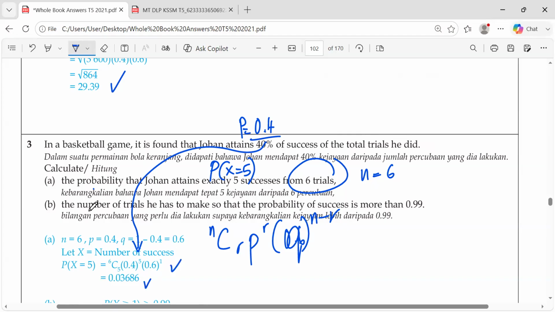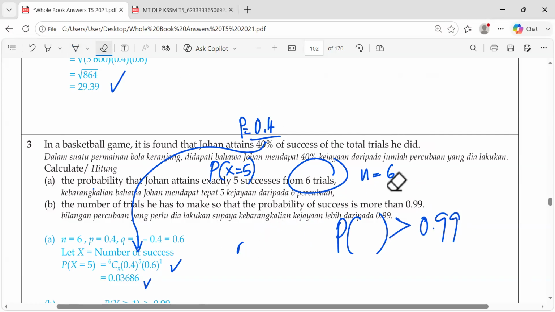Find the number of tries he has to make so that the probability of success is more than 0.99. Now this is the question. The probability of success more than 0.99 means that he must succeed.